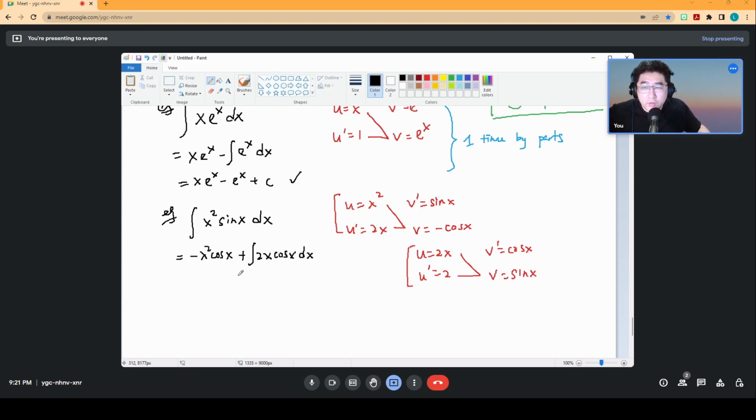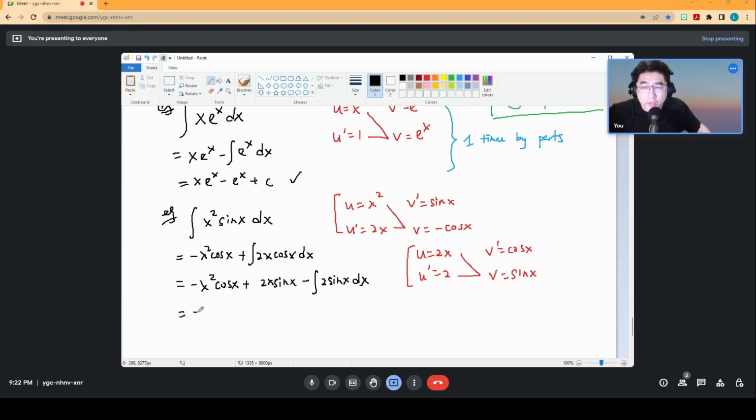Then from here, of course, the front part, the negative x squared cos x, is already done. Then you have the following part: 2x sine x, and u prime, and this will have a minus the integral of 2 sine x dx.